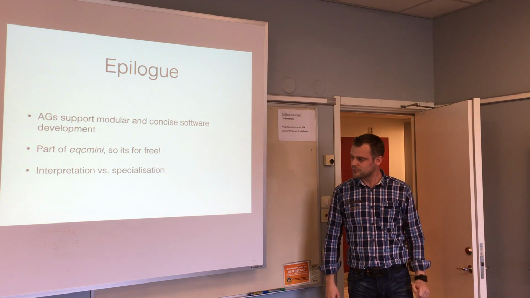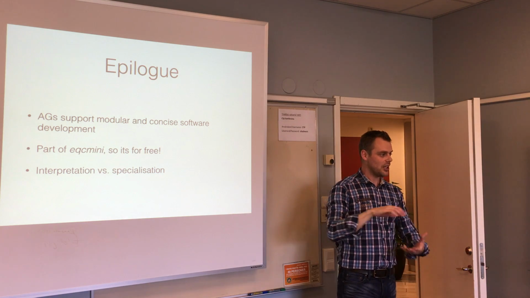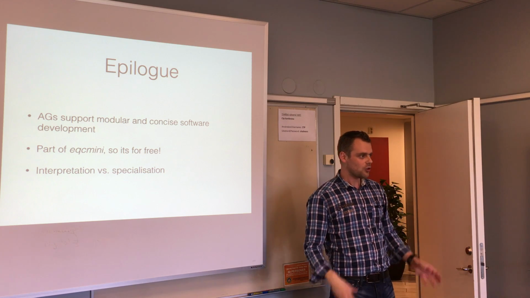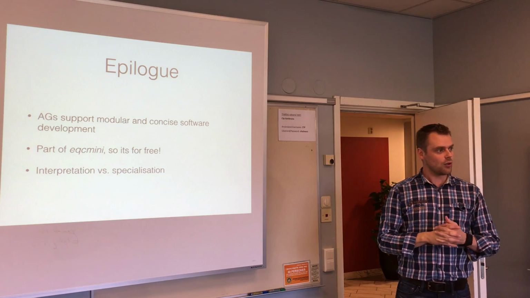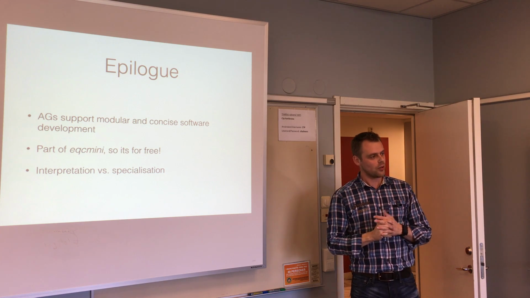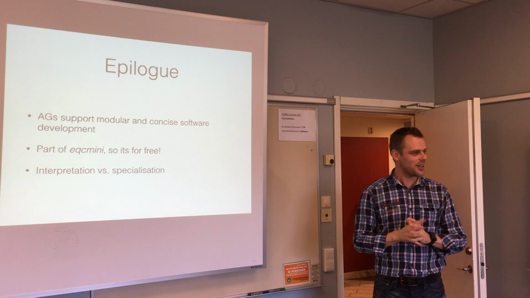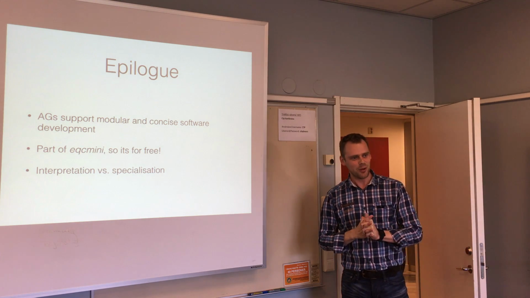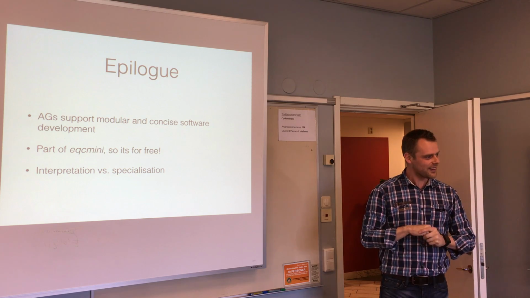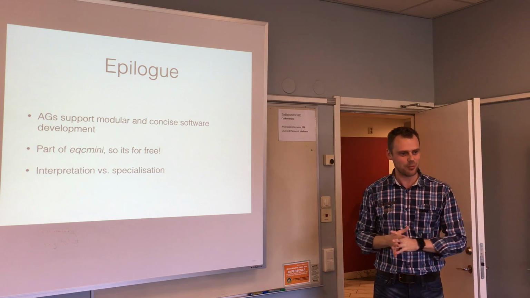And there's an implementation detail. We have interpretation and specialization. So we compared a small example to handwritten code, and I don't remember the number correctly, but it was in the order of 200 times slower if you used attribute grammar. So perhaps it's acceptable to pay a small penalty for having separation of concerns.